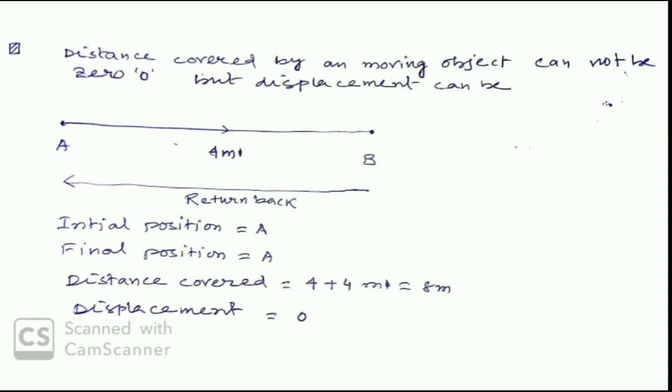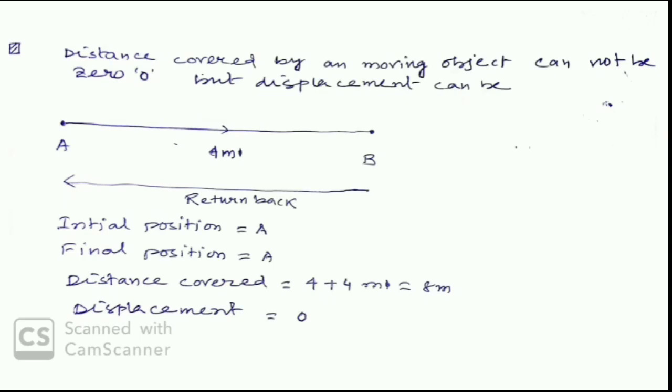this is not the displacement. Here initial position is A and final position is also A. So displacement is 0 here because the displacement is the distance measured in the direction from initial to final position along a straight line.